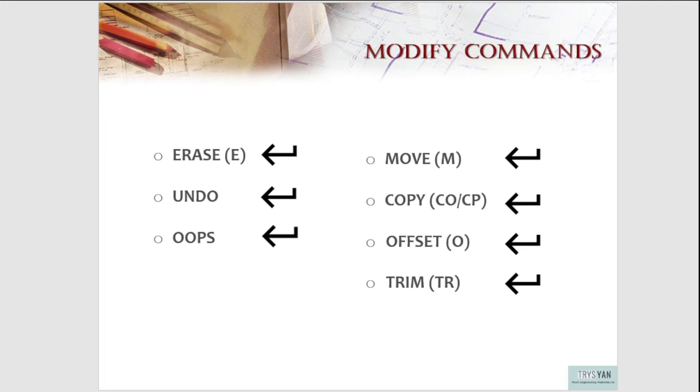Mapapansin nyo na ito ay hindi nag-trim. These lines. No? Bakit? Okay, so when we click these lines, makita natin na ito na yung endpoint niya sa dulo ng mga lines. So, kapag isang linya na lang siya, hindi na siya pwedeng maputol.